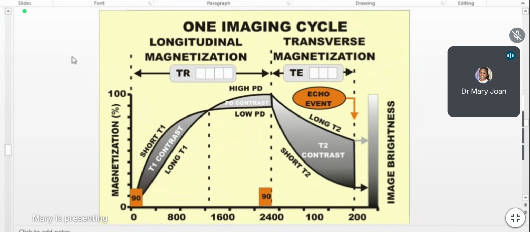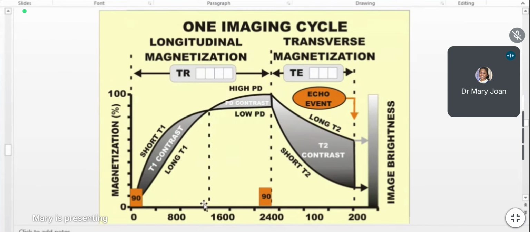So this is one imaging cycle. The whole thing happens there. You can see that with different TR and different TE, what happens with respect to magnetization. Here we have dark and here we have light, and the difference between short T1 and long T1 is what gives us the T1 relaxation.